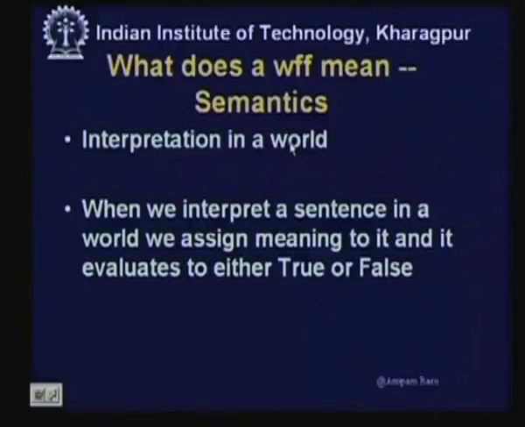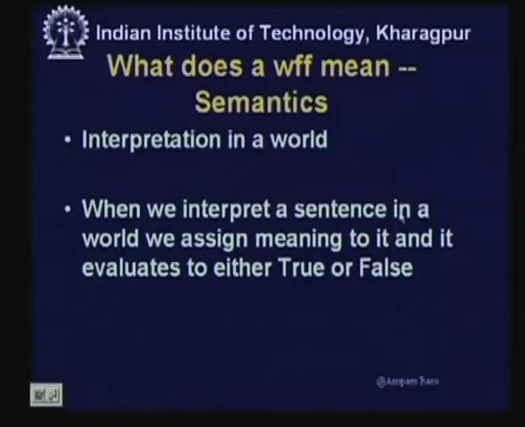Now, if there be a sentence, say P, we must first interpret what that P means. Anil is intelligent. Okay, what is the meaning of intelligent? What is Anil? All these are nothing but symbolic labels that we interpret in a particular world. We will discuss what this is.